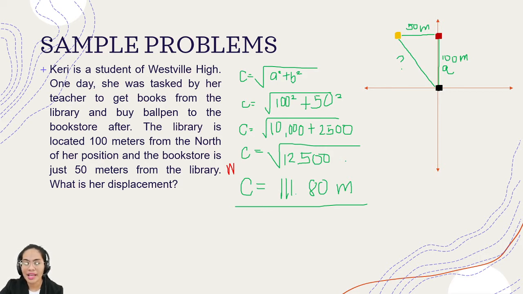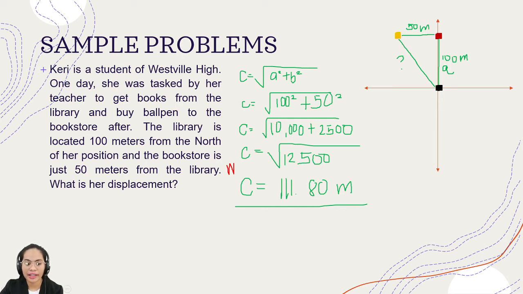Of course, mas mahaba yung original path niya kaysa sa displacement niya na 111.80 meters. So, if we are going to conclude, we can just say that Carrie's displacement is 111.80 meters. Okay? Do you get the idea?